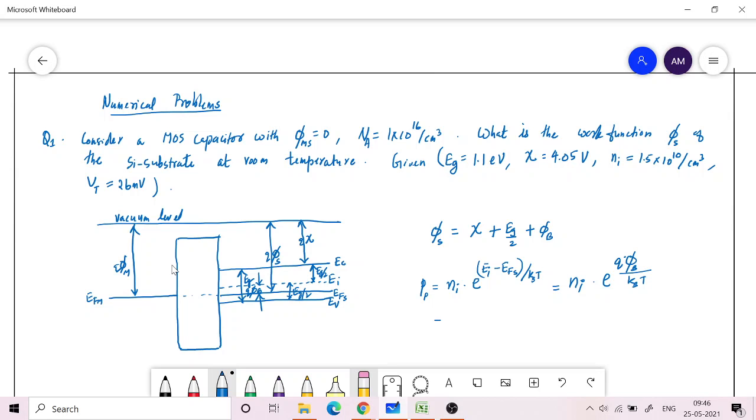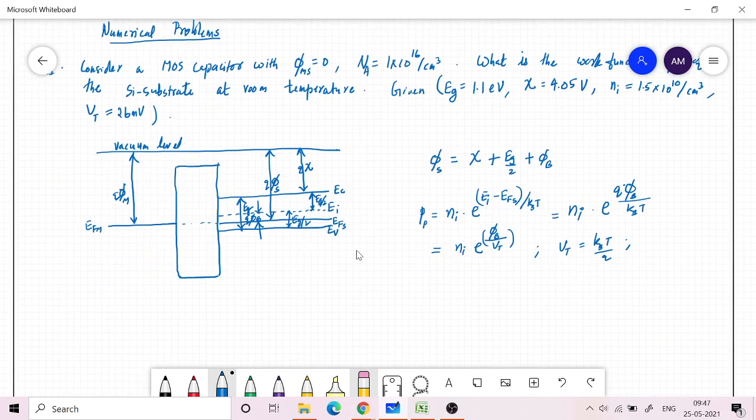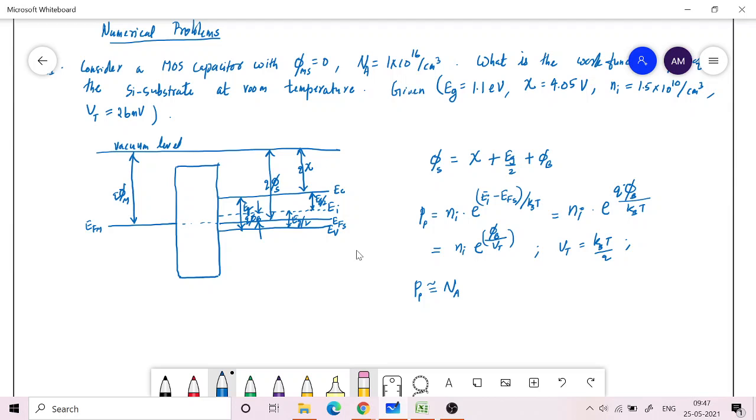Now this one I can also write as Ni into e raised to phi b by Vt, where I have taken Vt equal to kBT by q. All of this we have seen earlier. Since we have a p-type material, we know for p-type material pp is also equal to Na.